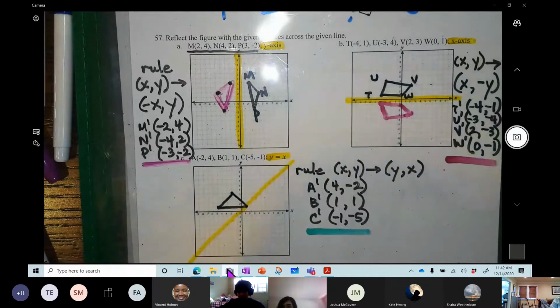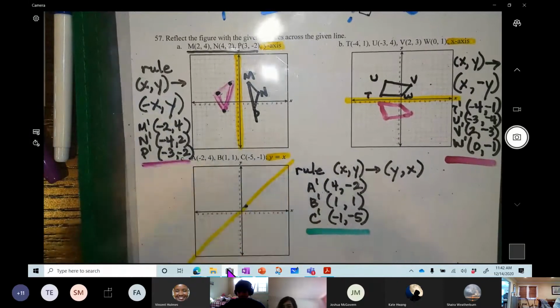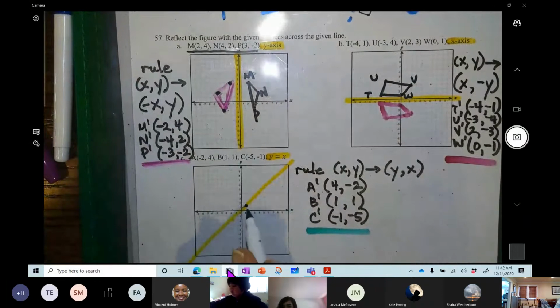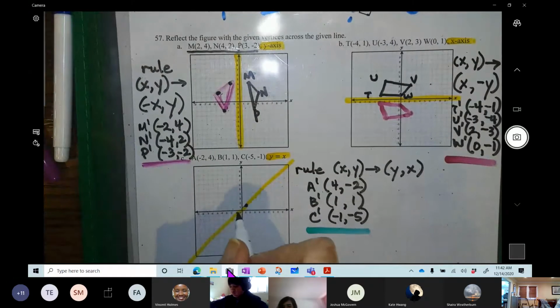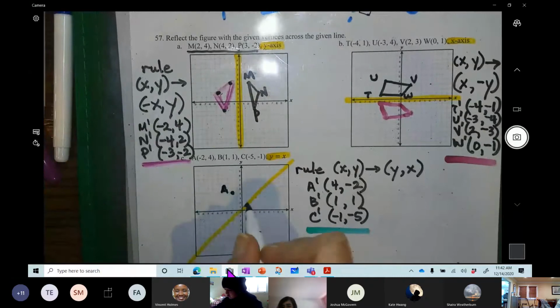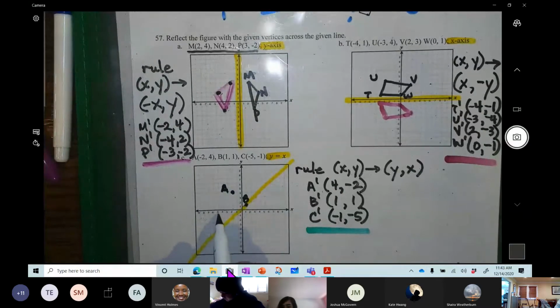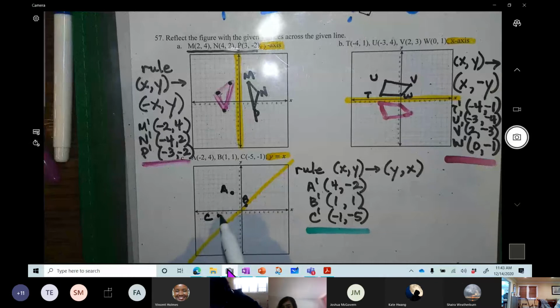Negative 5, negative 1. Thank you. Well, I'm not on my A game right now, am I? This is B for sure. A is negative 2, 4. And then C is negative 5, negative 1. You're so right.